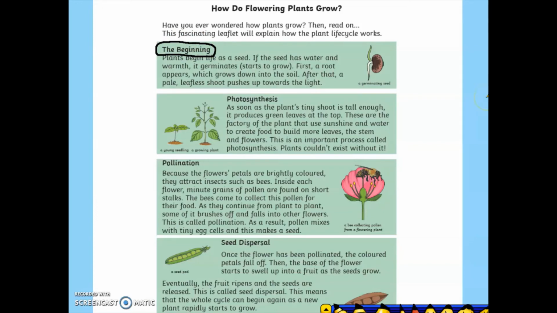So we can see very clearly that that paragraph is going to be about the beginning. The next one, photosynthesis, pollination, that's one of our word-aware words, and seed dispersal. So it has got 4 subheadings and 4 paragraphs.